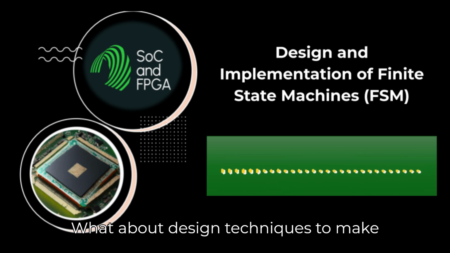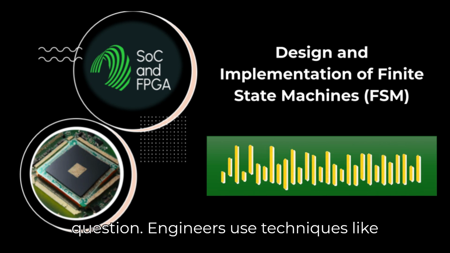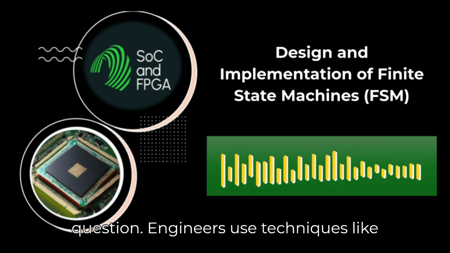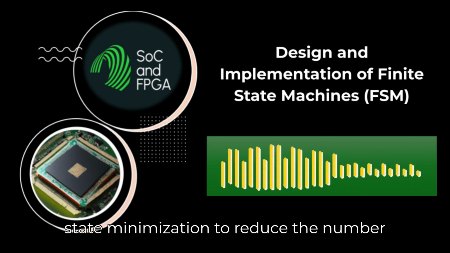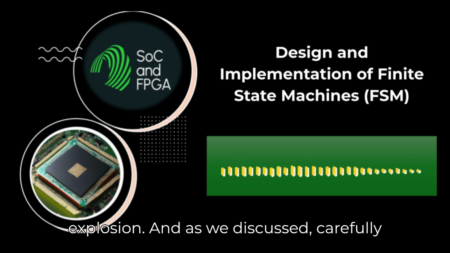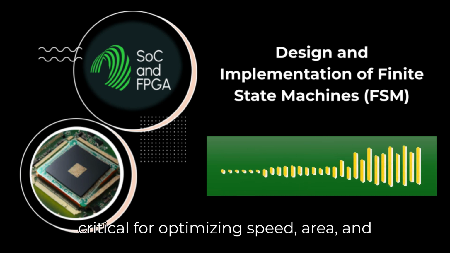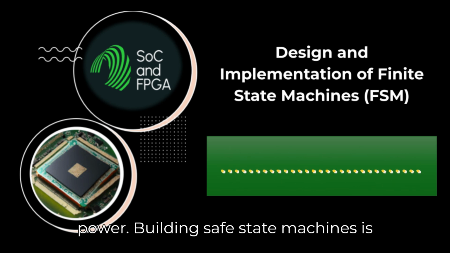What about design techniques to make FSMs more robust from the start? Good question. Engineers use techniques like state minimization to reduce the number of states logically without changing the behavior. That helps with the state explosion. And as we discussed, carefully choosing the state encoding scheme is critical for optimizing speed, area, and power.